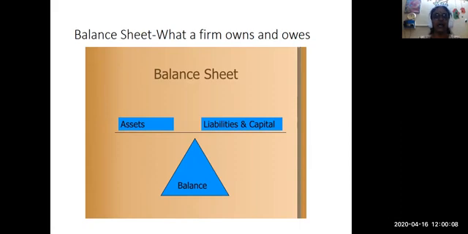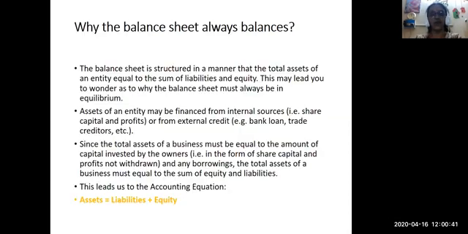The assets are the ones from which the organization will get benefit, revenue or income, with the use of the assets. The assets will be useful for manufacturing and converting them into saleable goods and services. That is why assets are known as the items which will give economic benefits.